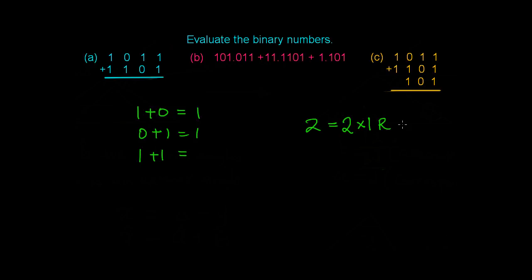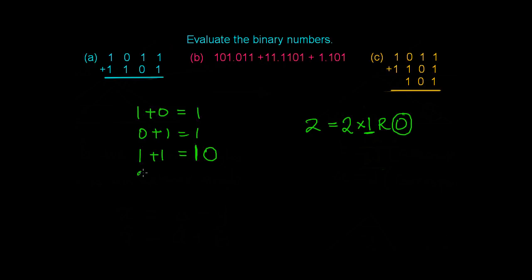Then you'll always write a remainder. Since 2 times 1 gives us 2, there is no remainder, so the remainder here will definitely be 0. You should always write a remainder like this. So this will be 2 times 1 remainder 0. It means you write the remainder, which is 0, as your answer here. Then carry this 1 to the other side, and you have 1 here like this.